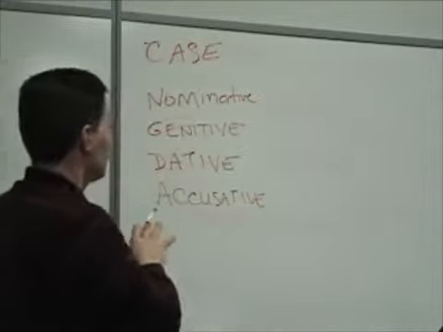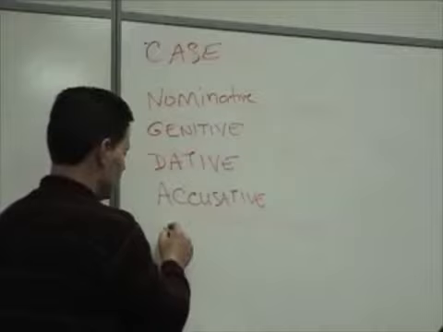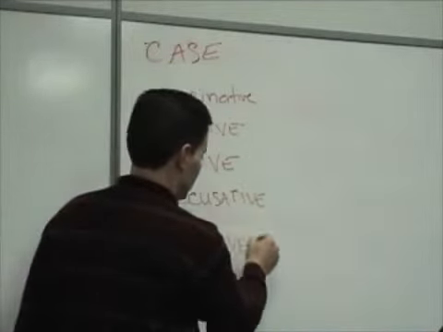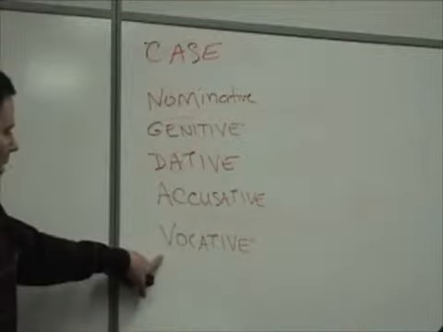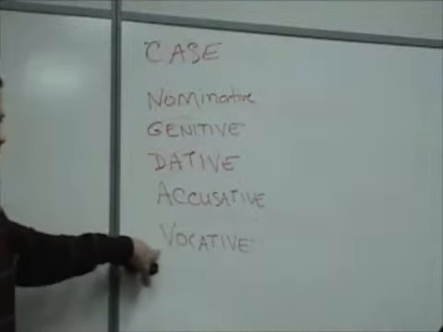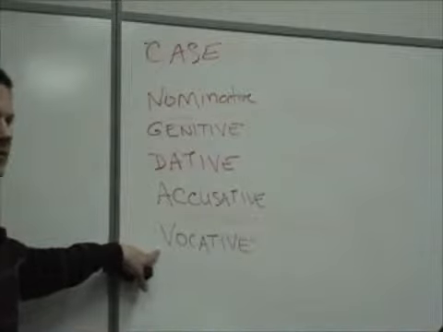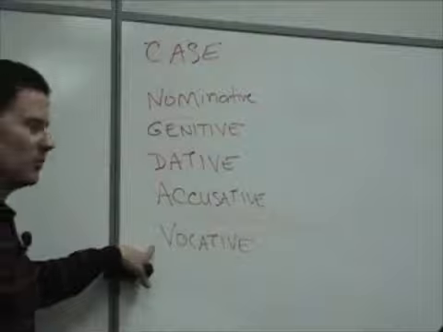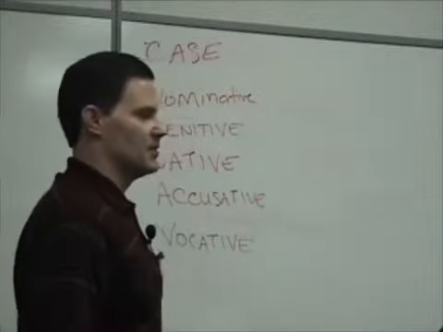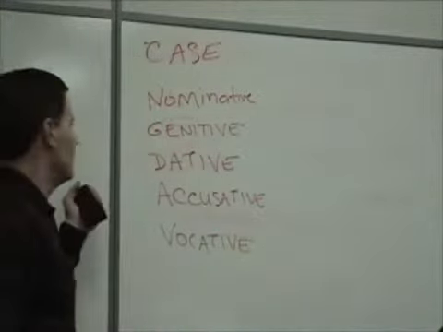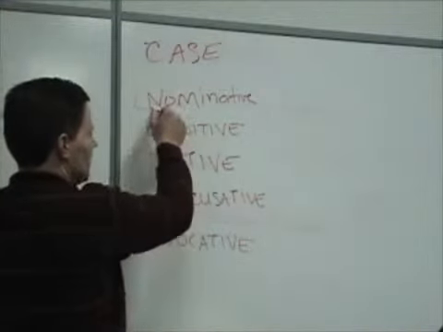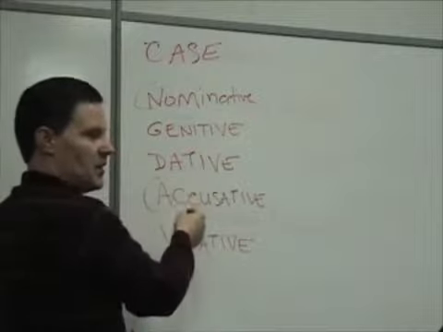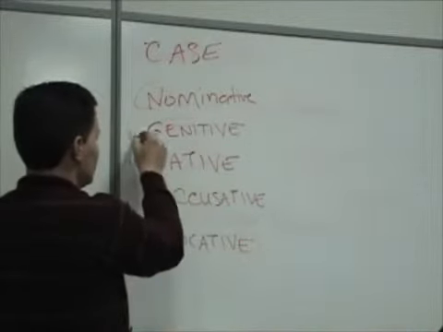So there's 4 main cases. The 5th case is the vocative, which is the direct address. I believe it only shows up in the singular, and it doesn't occur that often in the New Testament, so I tend to overlook it. Jeff showed it to you a couple weeks ago. I was telling Scott last week that in the New Testament, I think nominative occurs about 31% of the time, accusative about 29%, dative 15%, and 25% for genitive.